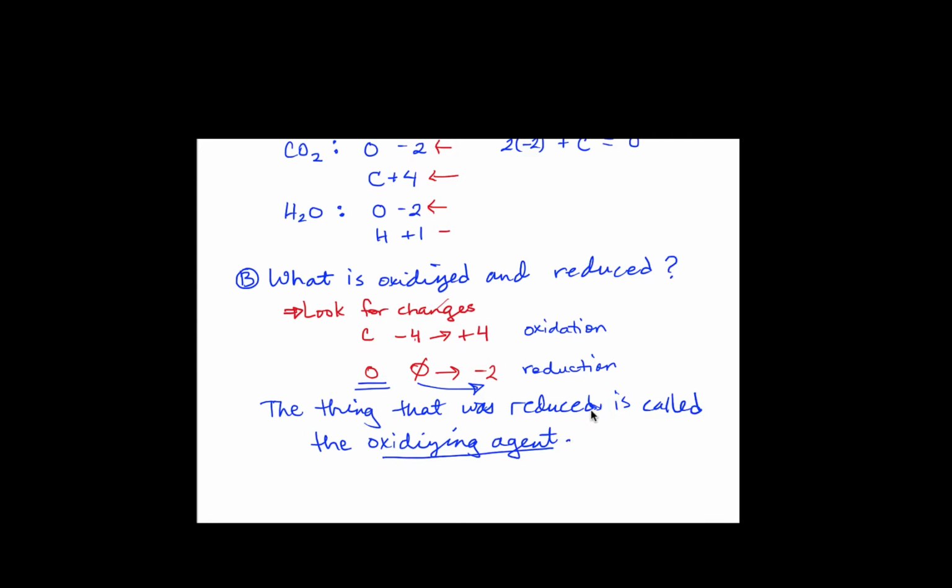Okay, so they're kind of opposite. If it got reduced, then it oxidized the other thing. It was the oxidizing agent, and vice versa. So the thing that was oxidized is the reducing agent.